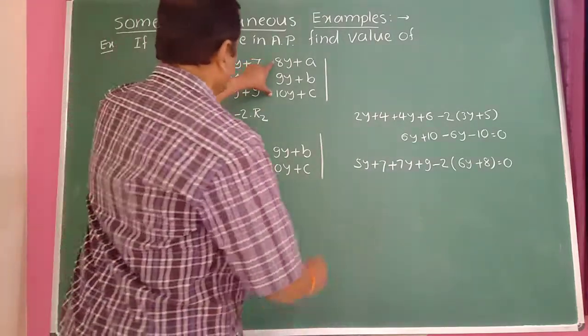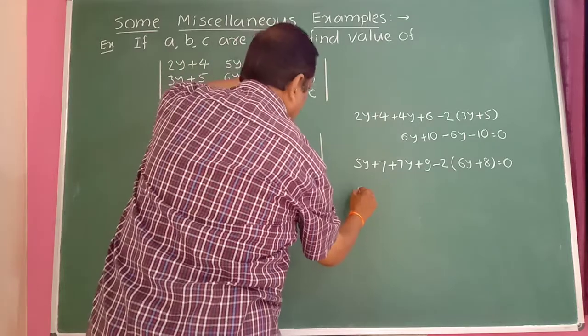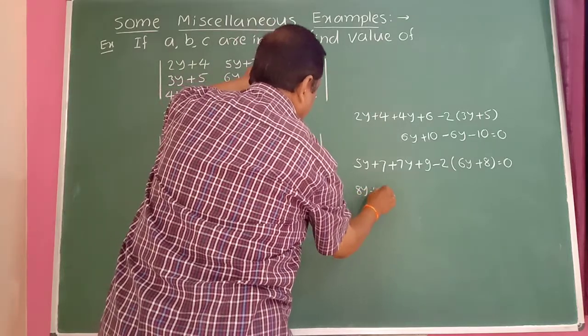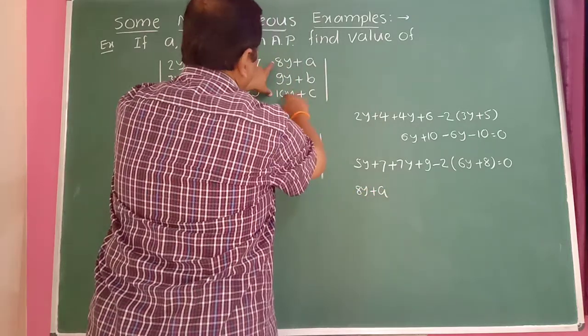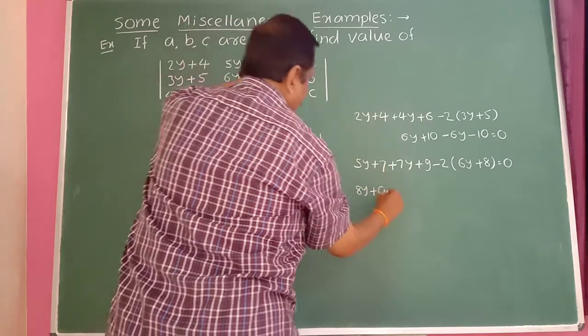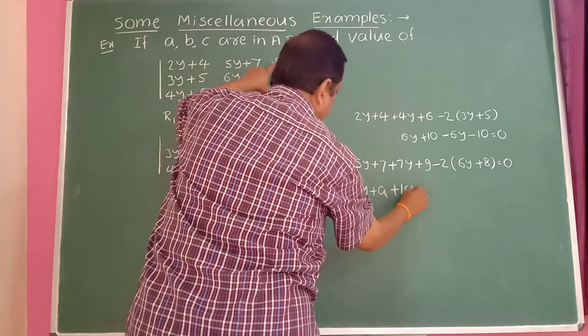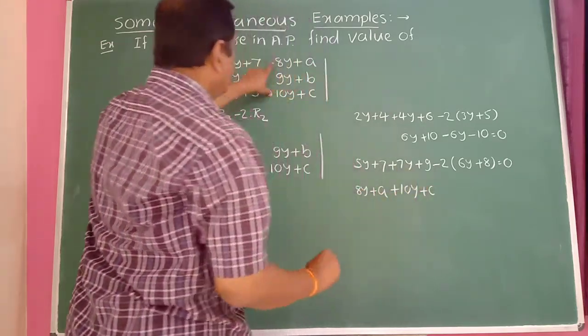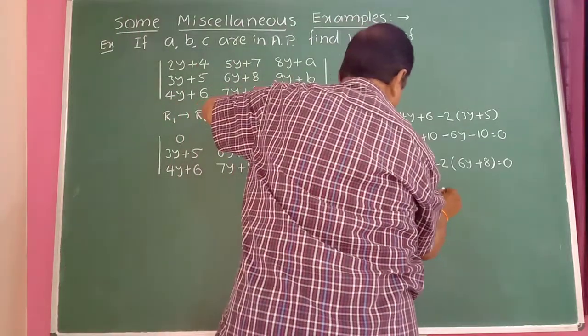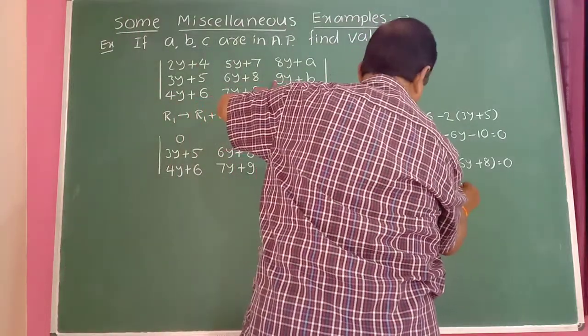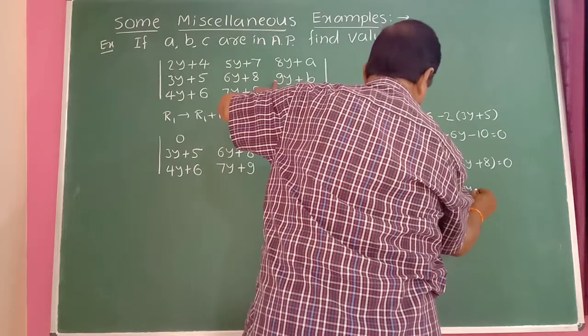Similarly, this plus this: 8y plus a plus 10y plus c, minus 2 into 9y plus b.